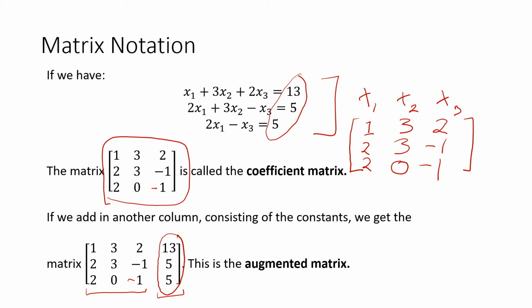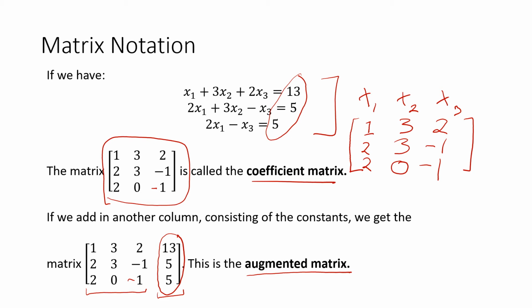When I do this, it's called an augmented matrix: my coefficients plus my constants in an extra column. We will almost always take a system of linear equations that's given as equations and put it into matrix form to build our coefficient matrix and our augmented matrix.